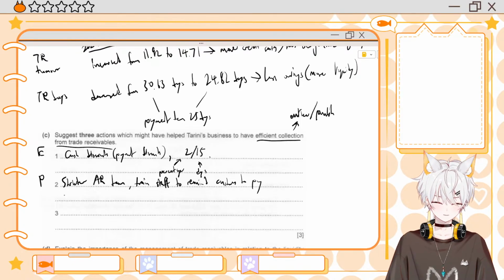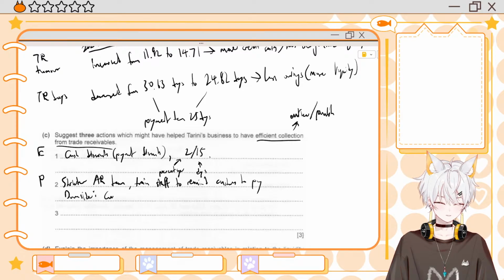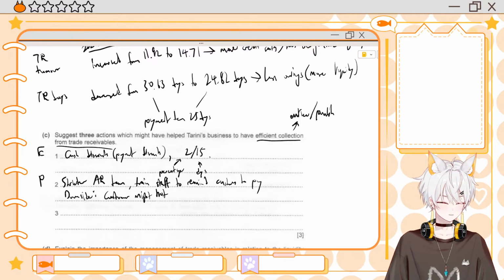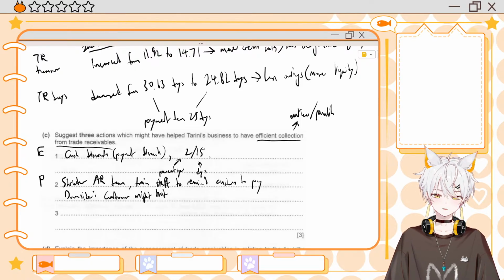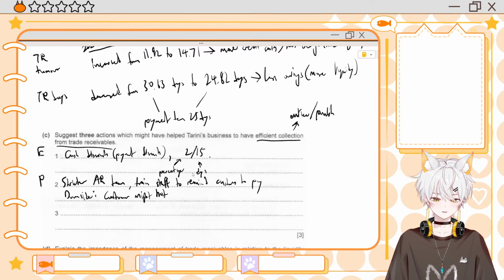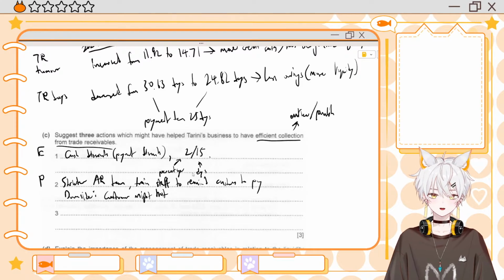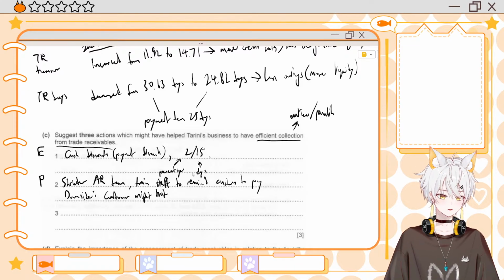So this has a downside. The downside is customers might actually choose to abandon you completely. They might not return if you're too strict with your policies, because in the real world things are very complicated, and a lot of business relations are built on trust, built on the idea of mutual benefits.